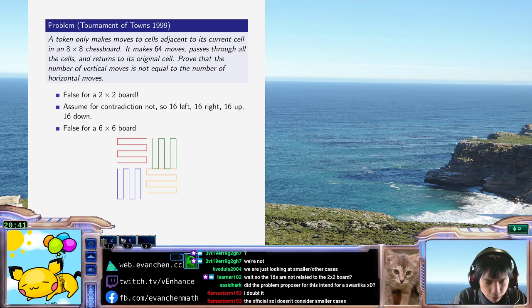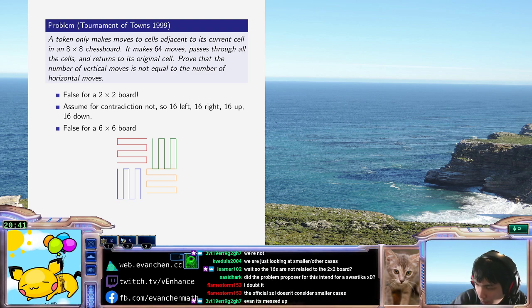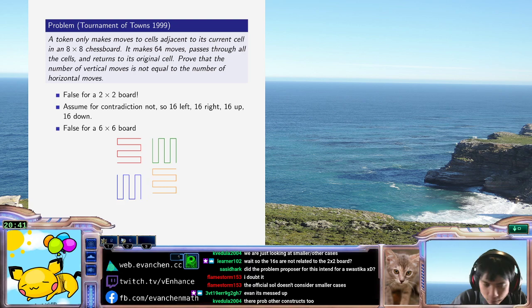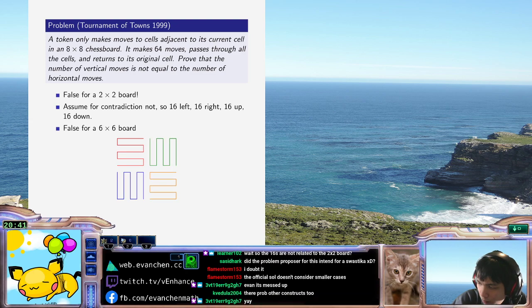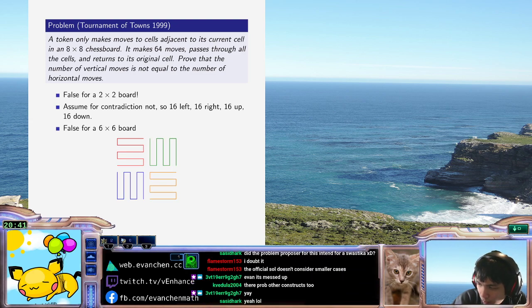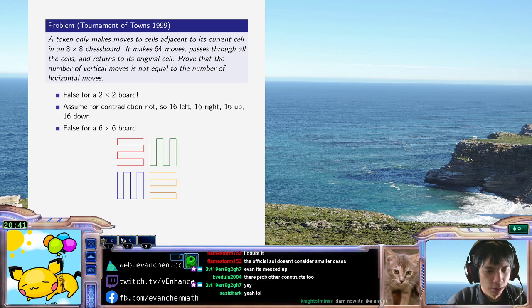The 5s here should all be 4s. That's the issue. Oh, this is so annoying. There you go. Alright, cool. So yeah, okay, so here's your construction for a 10 by 10 board, etc.